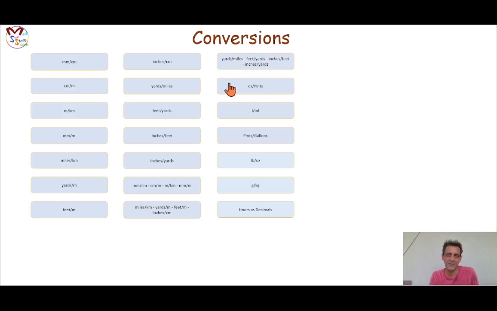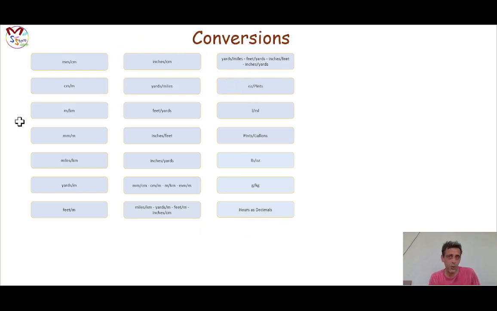The imperial measures. We've got ounces to pints, litres to millilitres, pints to gallons, pounds to ounces, and grams to kilograms. We've also got hours as decimals, and this one will also be in the time, speed and distance. This will be an option there as well. Hours to decimals is if you've got 1 hour 15 minutes, that's the same as 1.25 hours.